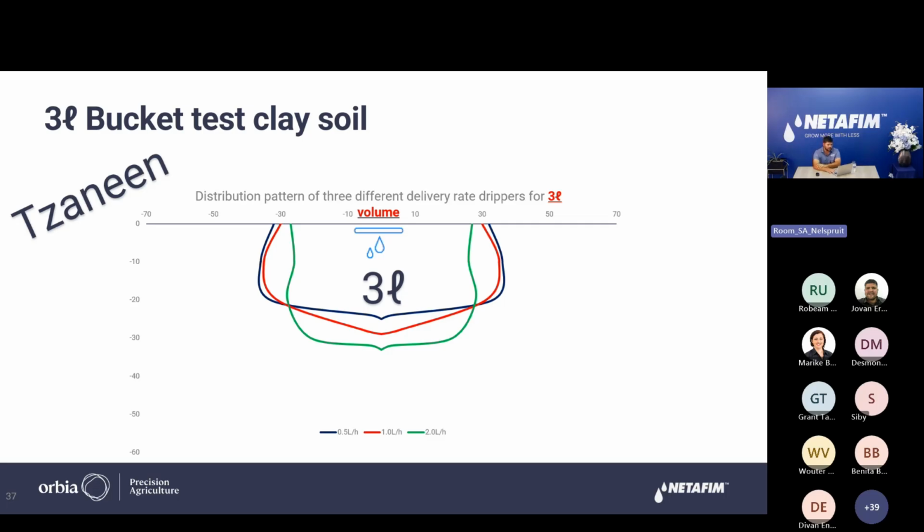As you can see, what we tend to find is that with the lower flow emitter, we tend to see a little bit more horizontal water movement compared to deeper movement as seen on the 2 liter an hour. That is everything that we discussed having an impact on what's happening in your soil.